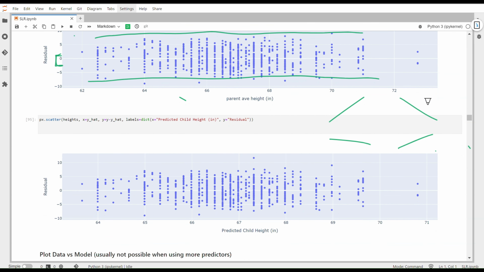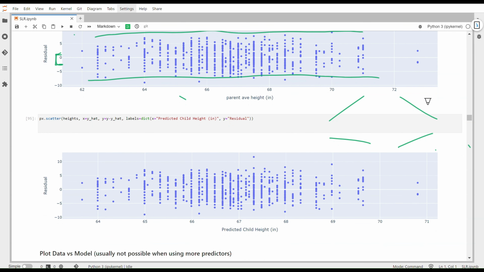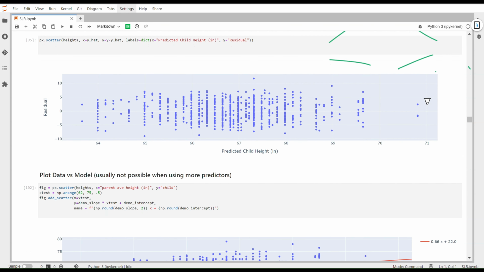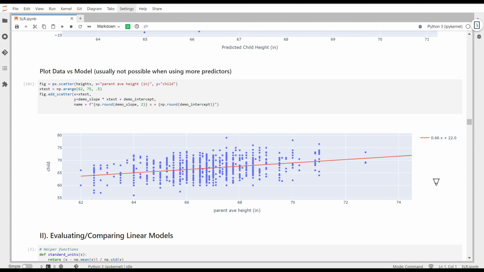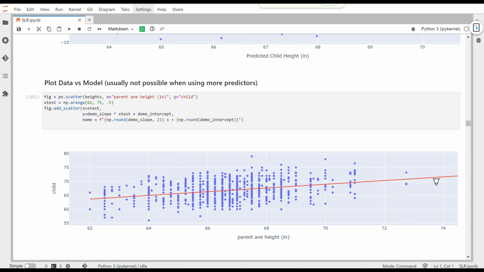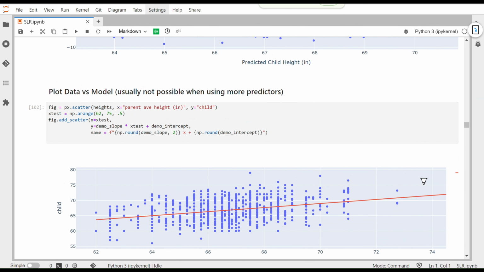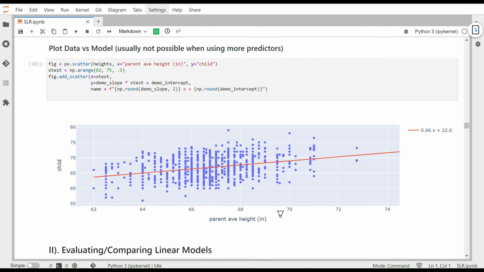Let me go back to the slides now. I'm going to point out also that this plot of the data versus the model works great when I only have one feature that I'm using to predict my outcome. When I have more than 2 features, it's no longer possible to even visualize it, and it gets tricky to visualize in 3D when you're using 2 features.